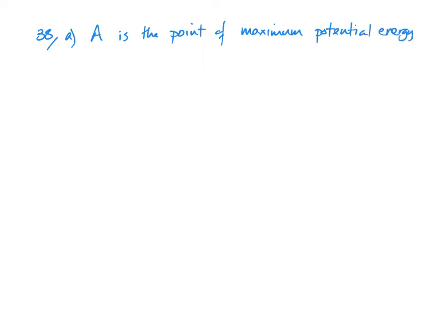Okay, question 38 about roller coasters. For each of these it says explain, so it's not just stating, explain. So for point A, it is the point of maximum potential energy, quite simply because it's the highest point.